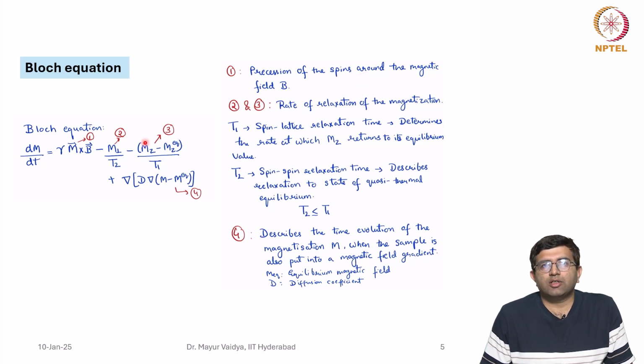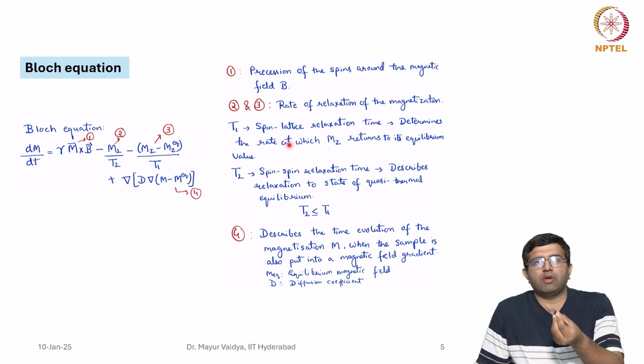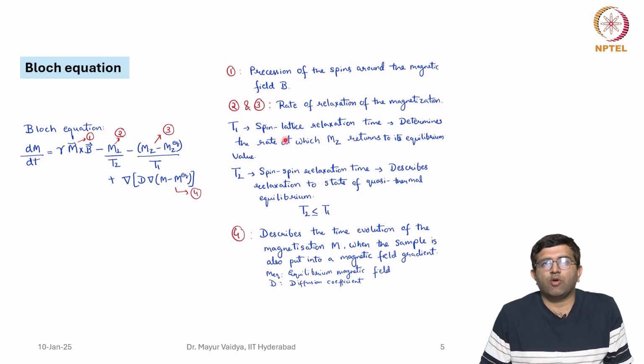The second and the third term are basically the rate of relaxation of the magnetization. T1 is the spin lattice relaxation time. We will see more about T1 and T2 in greater detail in the following slides. T1 determines the rate at which Mz returns to its equilibrium value.